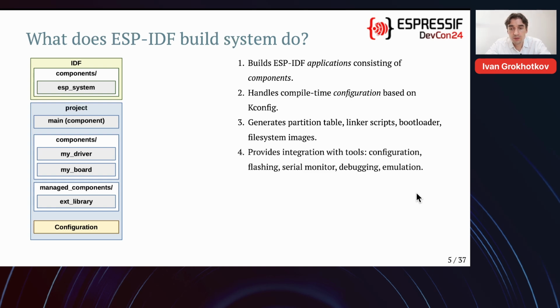And there is integration with interactive tools such as tools for configuration, let's say menuconfig, flashing tools, serial monitor, debugging, and emulation tools. And finally, the IDF build system is able to download components from the ESP component registry, giving you access to hundreds of components developed by Espressif and third parties, and eventually saving you time when developing your project.